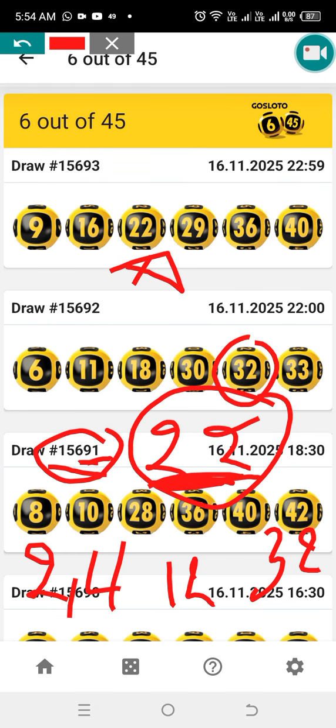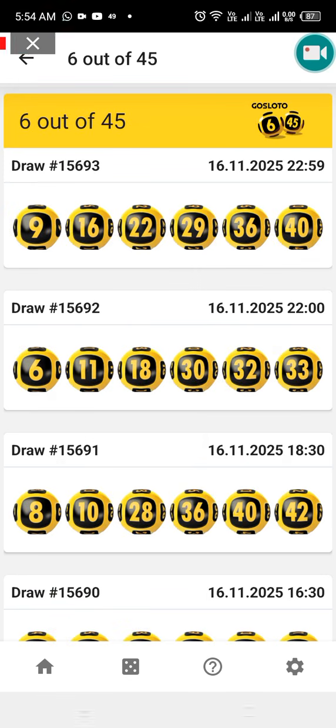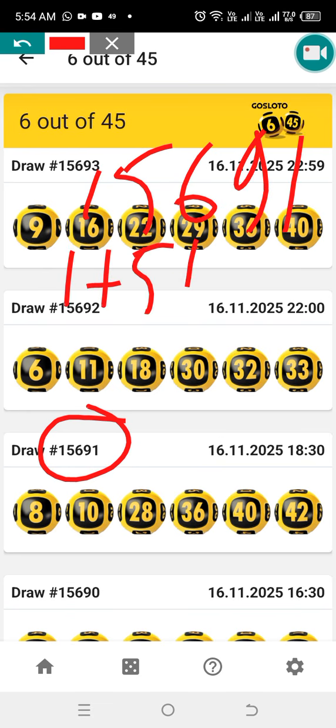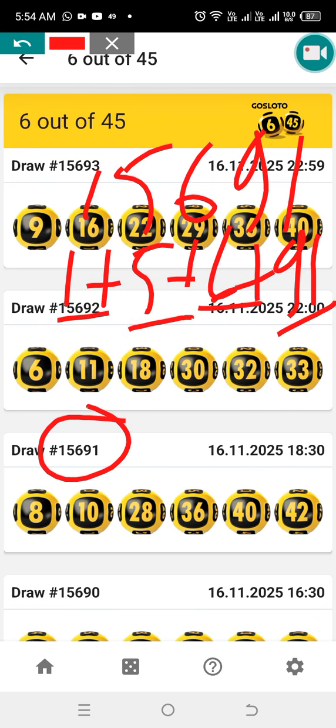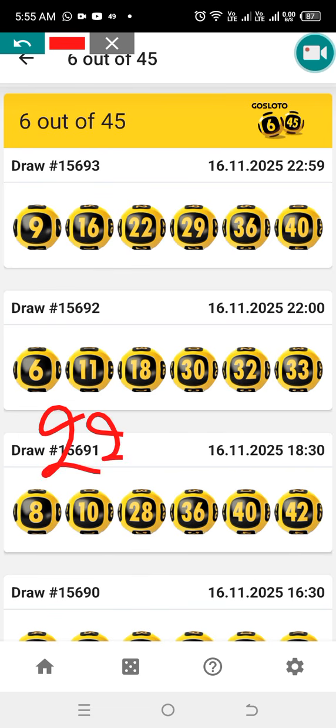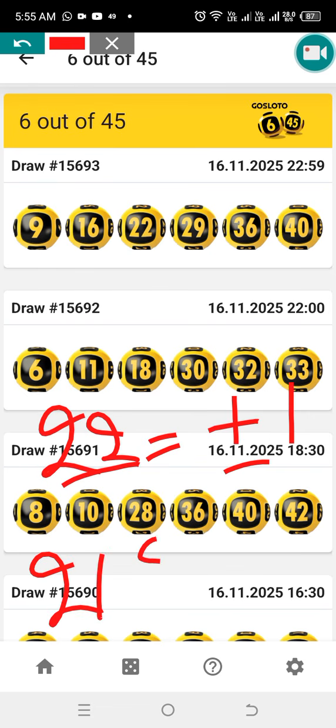I'm going to repeat, I don't know if we understand each other. We have this code, it's 15,691, which is 1 plus 5 plus 6 plus 9 plus 1. This is a 10, this is a 16, this is 21, this is 22, right? Then just say 22. 22 is a code where you do plus or minus 1, which is going to give us 21 and 23.